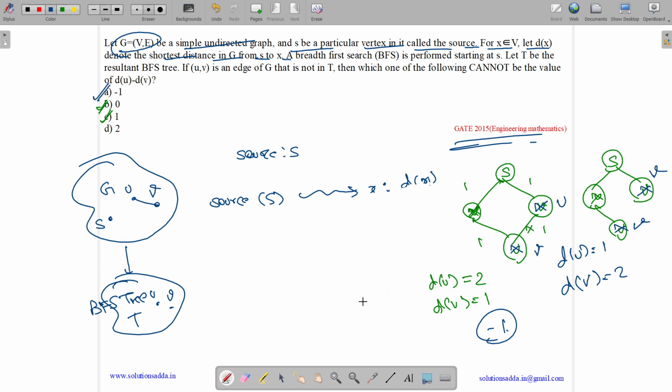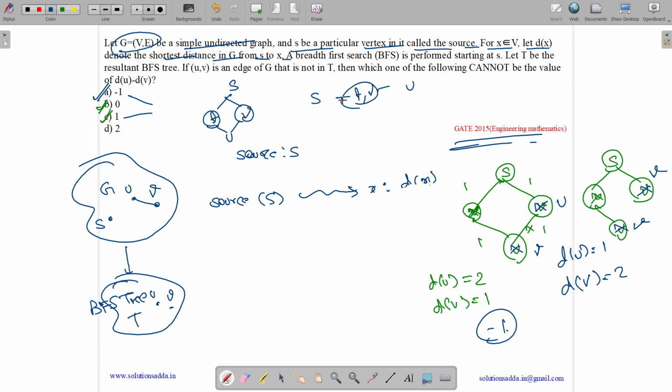And this case, where du minus dv is 1 or minus 1, occurs when v and another node t, let us suppose like this: we have source, T, V, and U, are in the shortest path from S to U. So from S to U, both T and V should come in between.